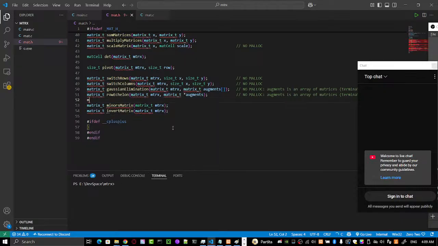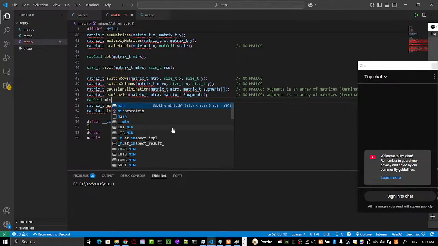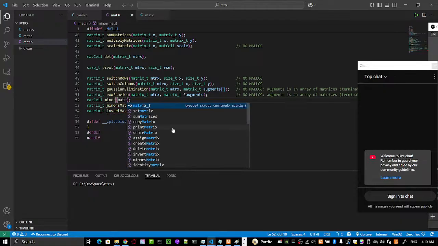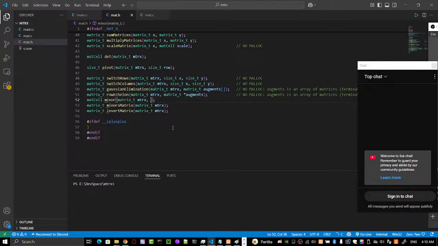This will return a scalar value, and then we pass the matrix, then we pass i and j, like that.